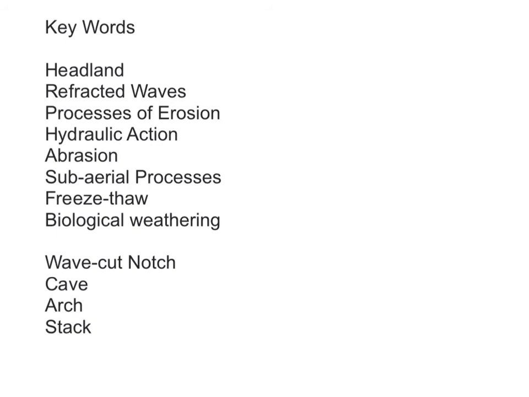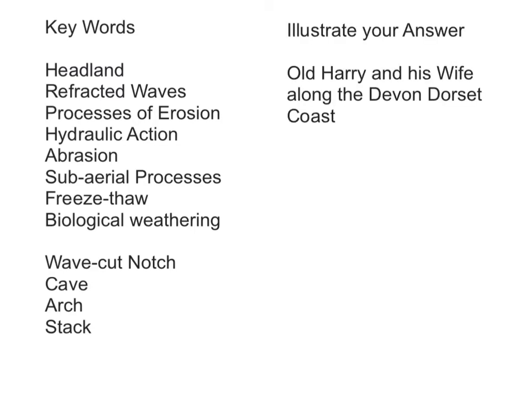Those include freeze thaw, biological weathering. We also have our formations. The wave cut notch turns into the cave, leads to this arch, which leads to the stack. Always nice to illustrate your answer as well. And a good example for a cave arch stack would be Old Harry and his wife along the Devon-Dorset coast.